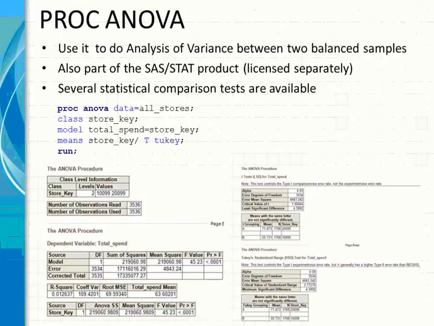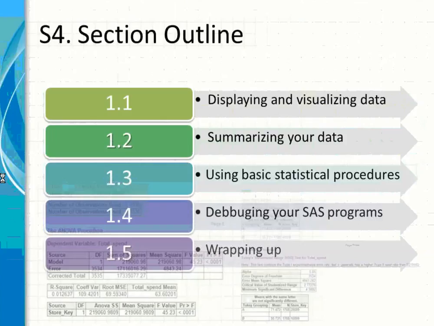So these comparison tests allow you to understand the degree of significance between any two comparisons or multiple comparisons for that matter that you are working out. Okay, so very useful again if you want to compare, say, populations, whether it be stores or individuals. The ANOVA procedure really comes in handy, and there's lots of output generated from it.